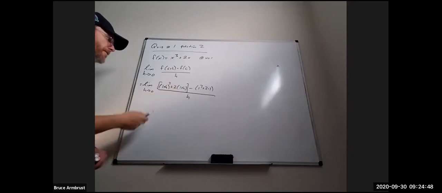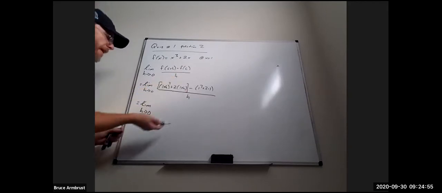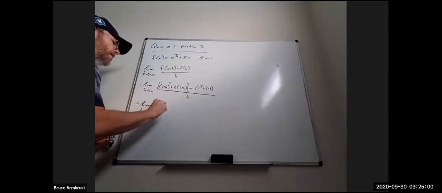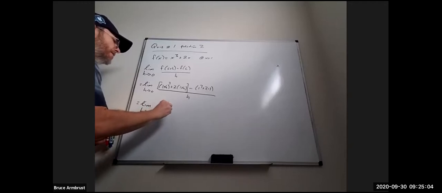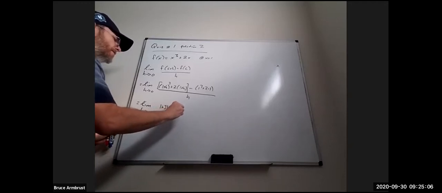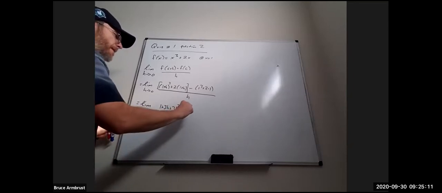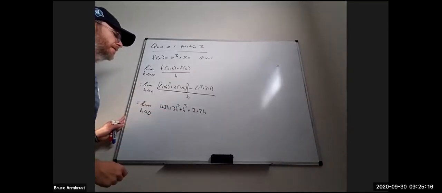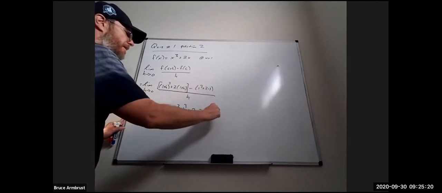Now, this is going to require us to do quite a bit of algebra. We're going to have to cube and distribute and all that. So when you take 1 plus h and cube it, you get 1 plus 3h plus 3h squared plus h cubed. Then we get plus 2 plus 2h, and when I do the subtraction, I get minus 3.